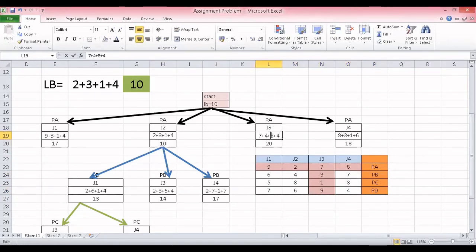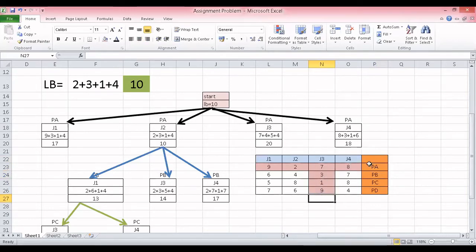But students will ask now, sir, what is this 4? Why have you taken 4? For person B the minimum value is 3 only, no? So I am going to explain that now. When I am assigning job 3 to person A, observe carefully, the same job cannot be assigned to person B also. So the job 3 column I have highlighted.